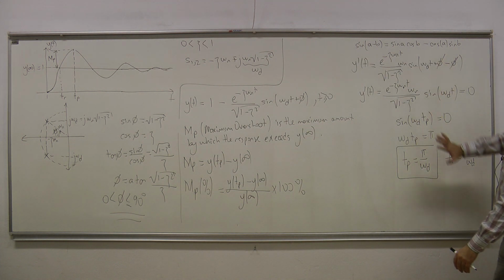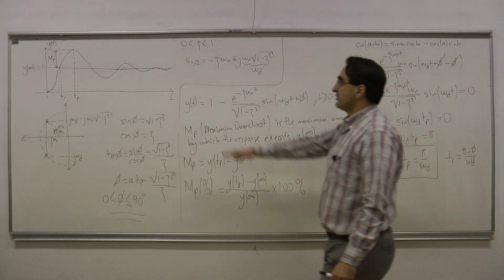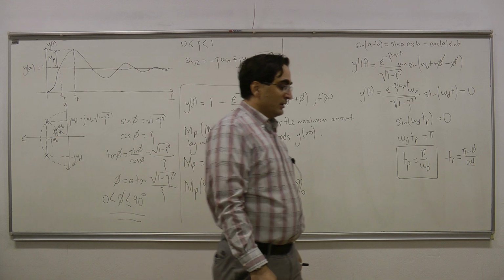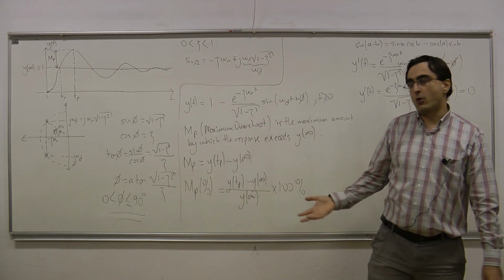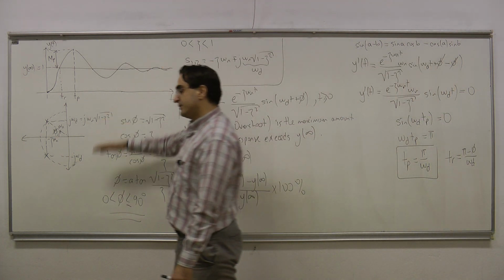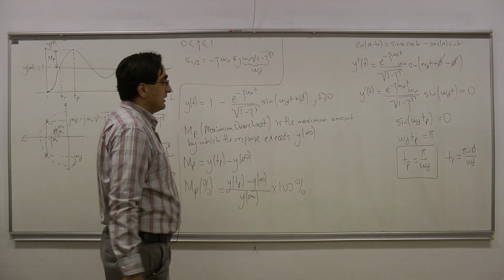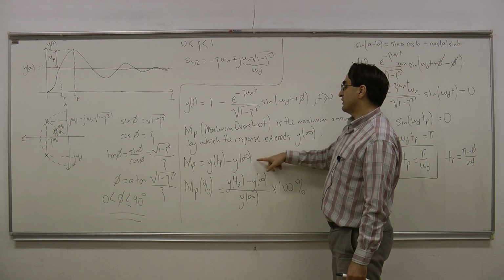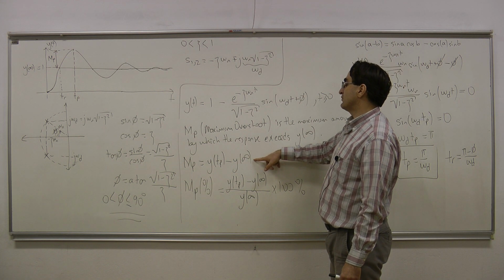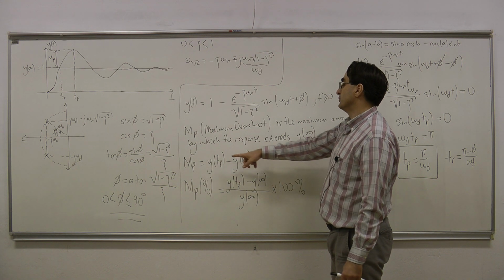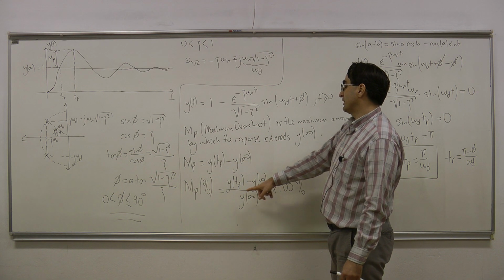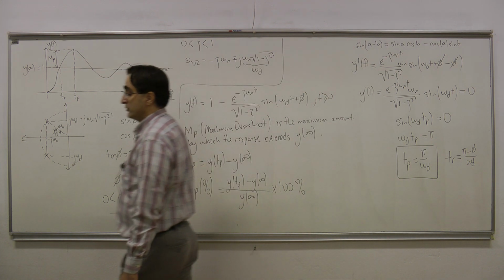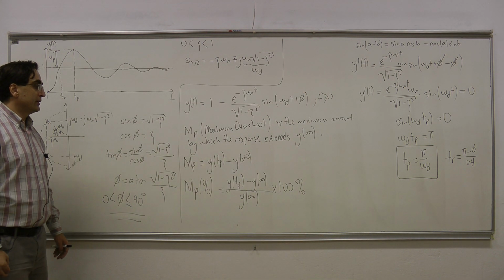So we won't have to change anything when we use percent overshoot here. And all of the earlier formulas that we have found will be valid if the response is scaled, for example if we don't have a second order system in standard form. In such a case, we won't be using the absolute maximum overshoot, but instead we would be using the percent overshoot definition, which is much more meaningful in that case.